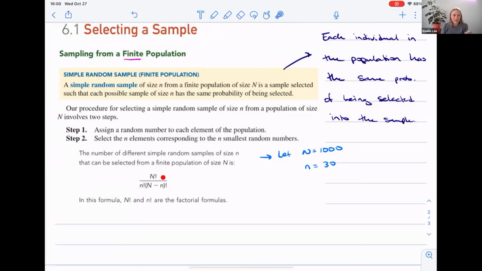n factorial, that's 1,000 factorial. What's that? 1,000 times 999 times 998 times 997. Oh man, remember factorials? No thanks. Right, so that's going to be 1,000 factorial divided by 30 factorial times 1,000 minus 30 factorial.